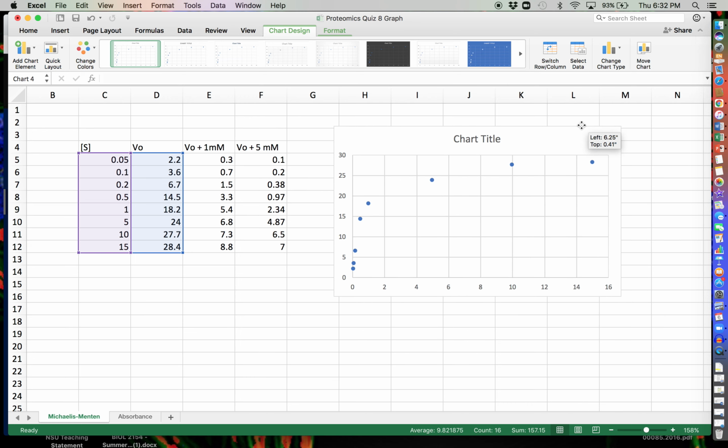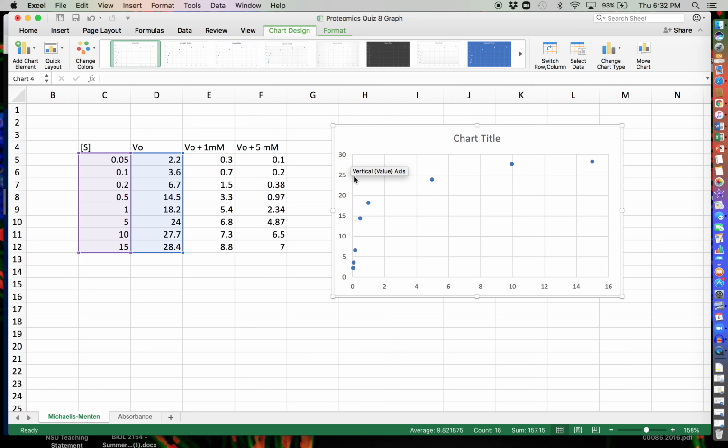Well, how do we do that, right? All we can really do using the Michaelis-Menten plot here is eyeball it, right? So it looks like Vmax is maybe around 30 micromoles per minute. It's a little hard to eyeball, but it looks like we're kind of approaching 30 but never getting there.